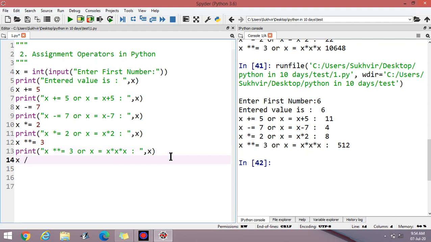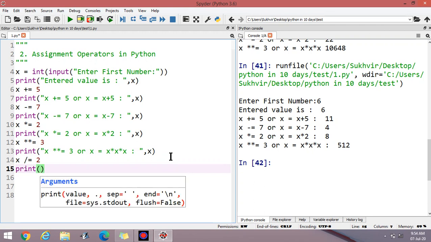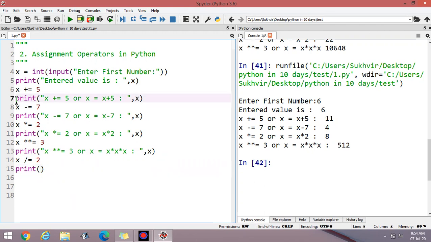Similarly, you can do the division operation. x divided by equal to 2. Print, you can copy paste, you can place division here 2.